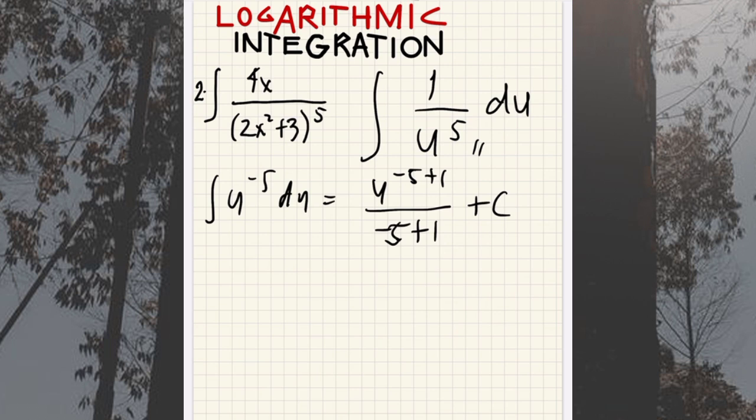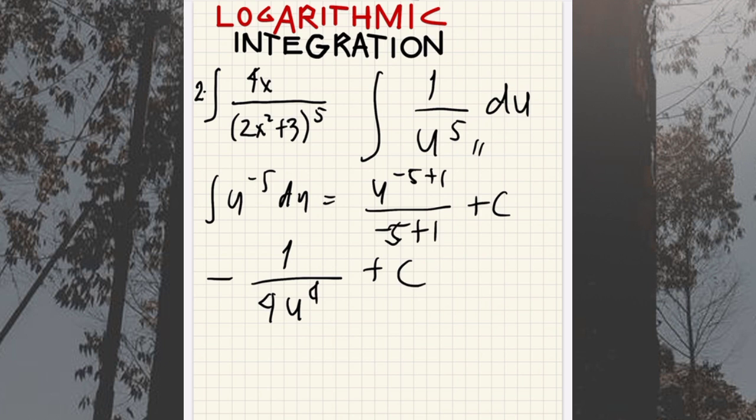Negative 5 plus 1 is equal to negative 4, and u goes to the denominator because it is raised to a negative power. So negative 1 over 4u to the 4 plus c.